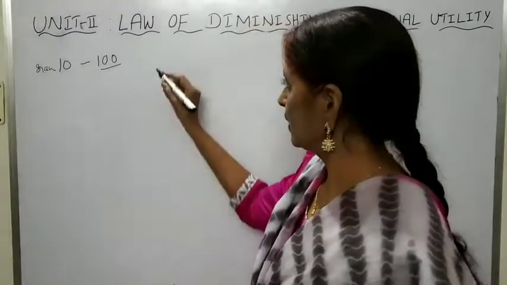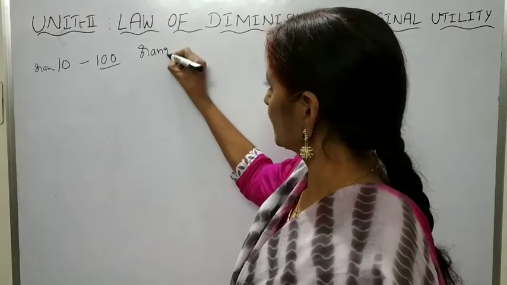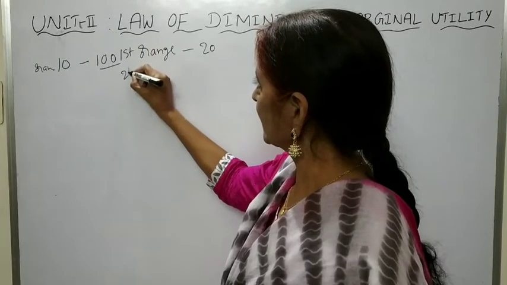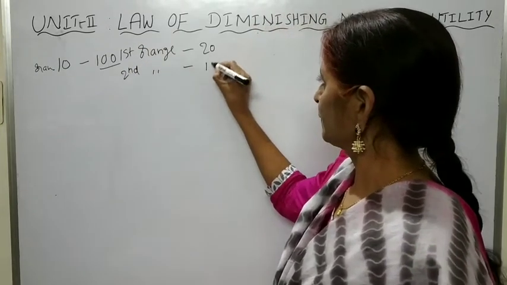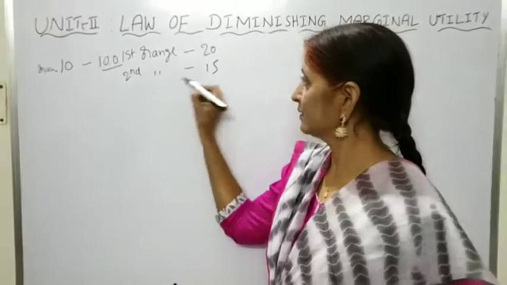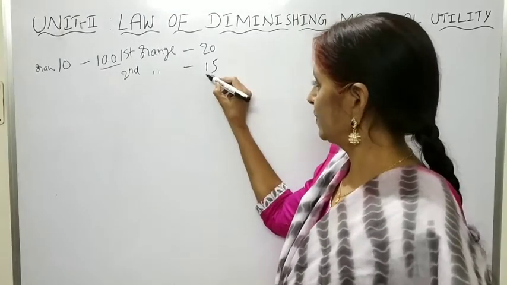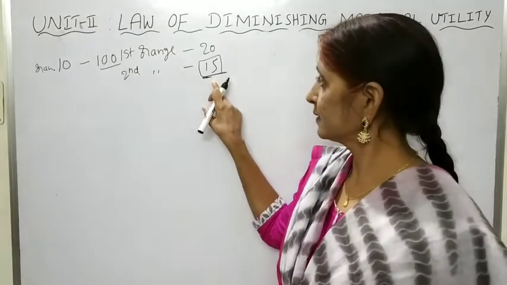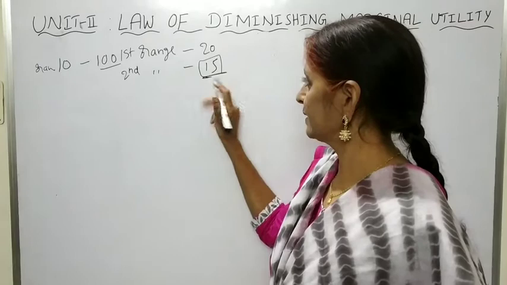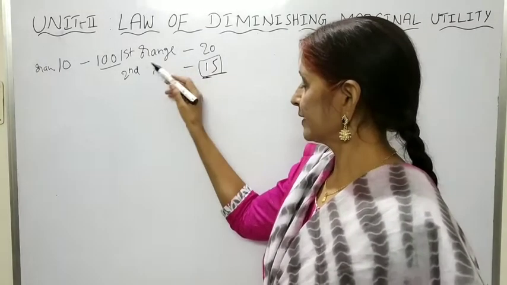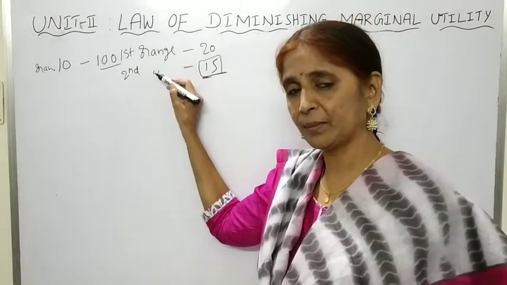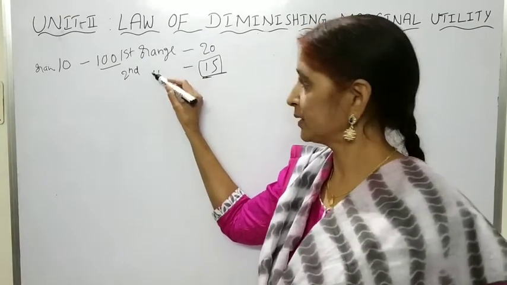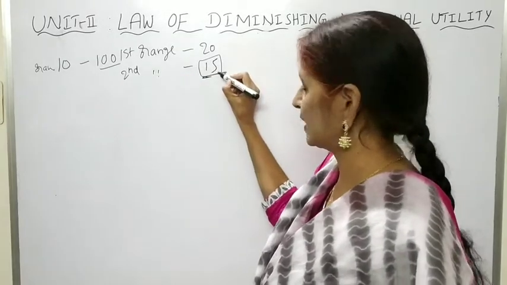For example, by consuming the first orange, you derived 20 utils of utility, and by the second orange, you derived 15 utils of utility. The second one is the additional unit. From the additional unit, the additional utility derived is the marginal utility. In this way, the 15 utils is the marginal utility after the consumption of one orange. You consume two oranges only, so the last one is the additional one. From the additional one, the additional utility derived is called the marginal utility.